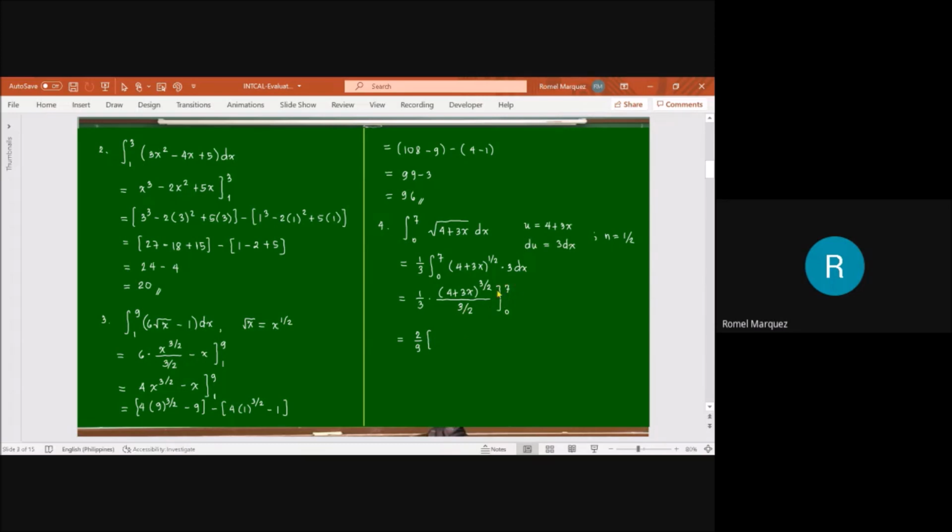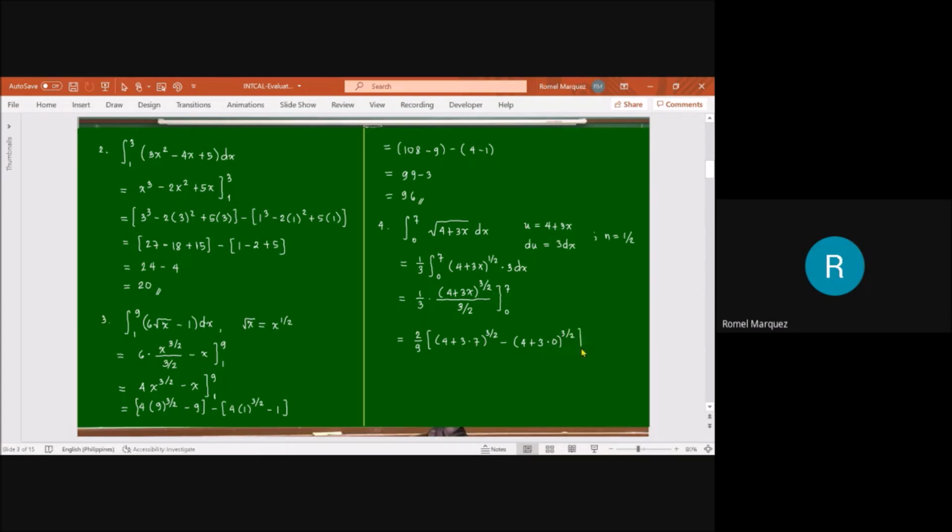So 4 plus 3 times 7 raised to 3/2 minus, when x is 0 this time, 4 plus 3 times 0 raised to 3/2.